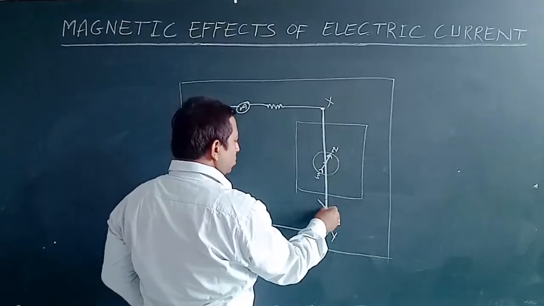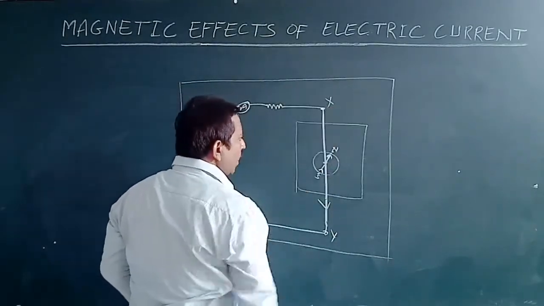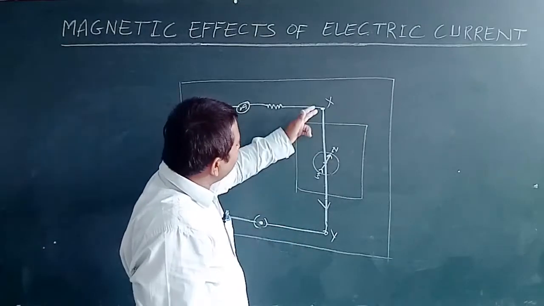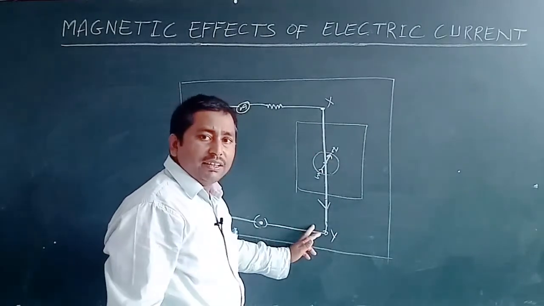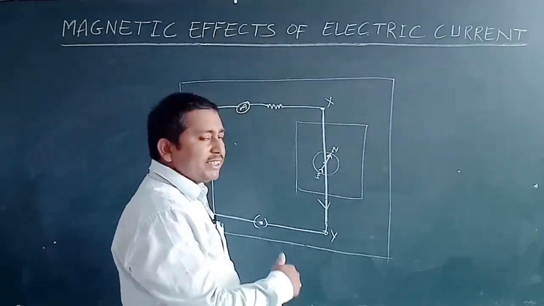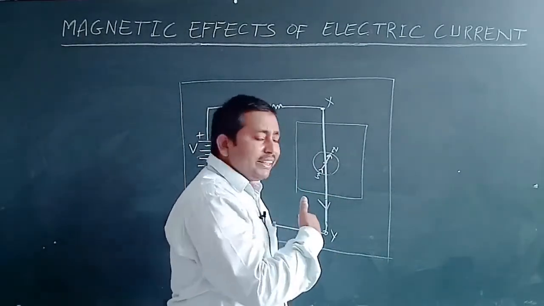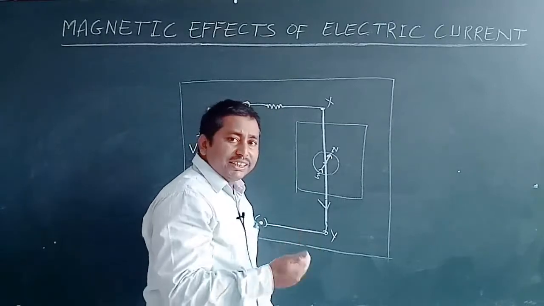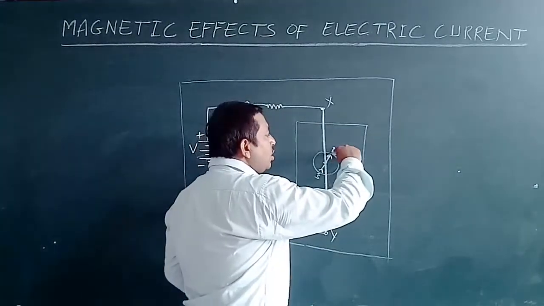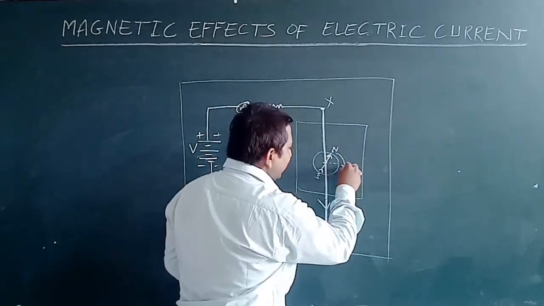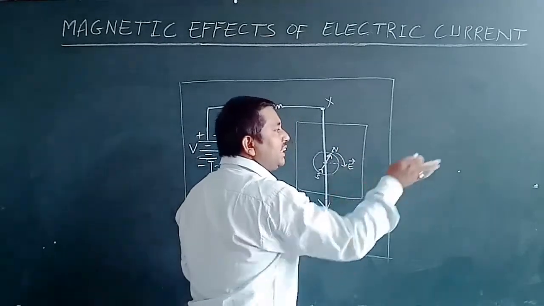And as there is a current flowing from x to y, we will observe that a deflection occurs in the magnetic needle, and the needle gets deflected such that its north pole moves in clockwise direction. It means it moves towards the east direction.